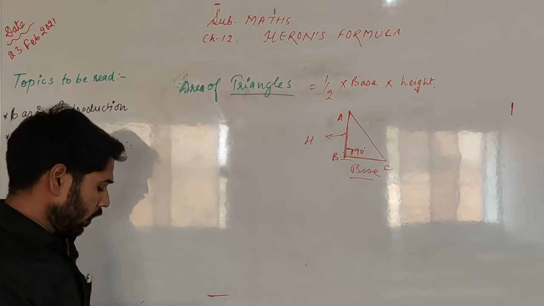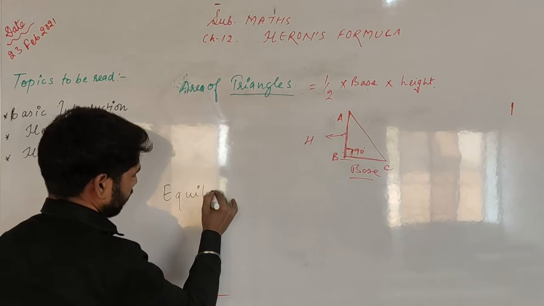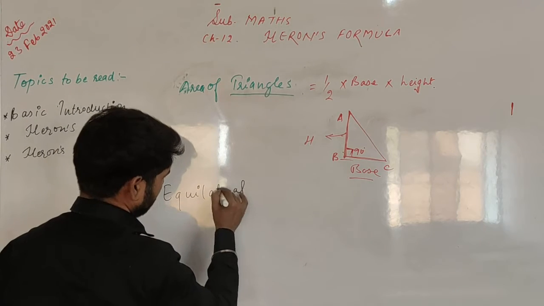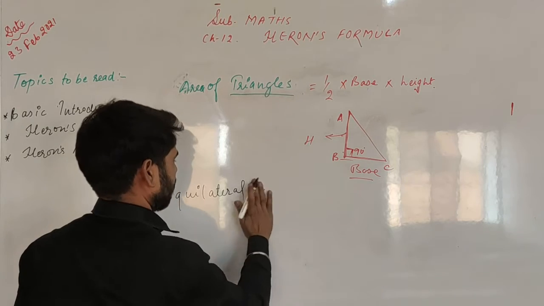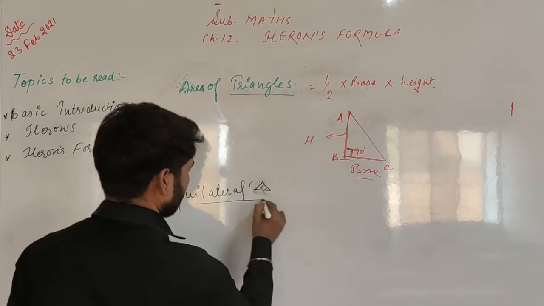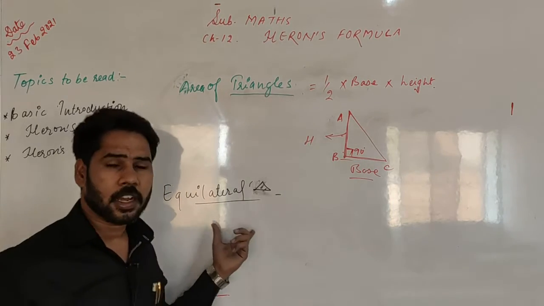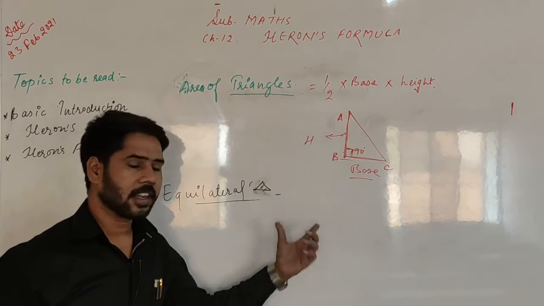So, come to the equilateral triangle. I use the symbol delta for triangle. As you already know, in an equilateral triangle all the sides and angles are equal.